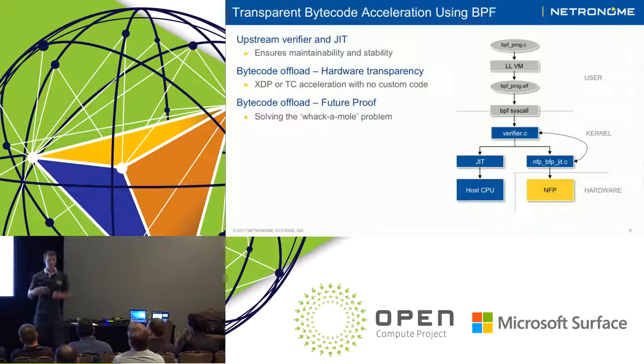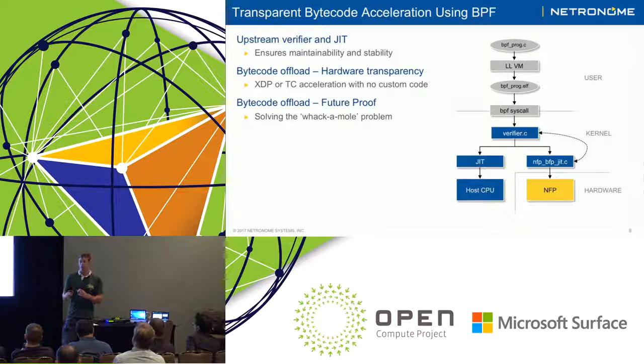So we're effectively using the compiler you're already using, and then we're just translating the bytecode. A thing we've added is that we reuse some of the infrastructure in the verifier to make sure that it is safe for offload as well. So you have an extra level of checking on top of the checking you've already had. This then provides you with a very flexible interface, which works exactly the same way it would work without the acceleration there, to be able to add that acceleration.